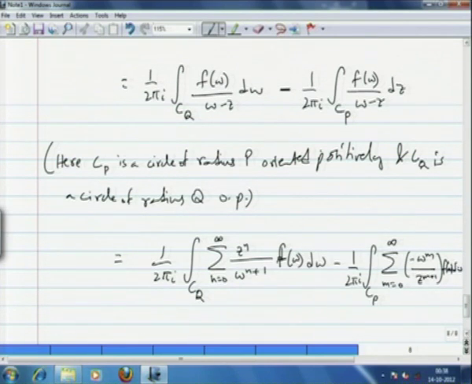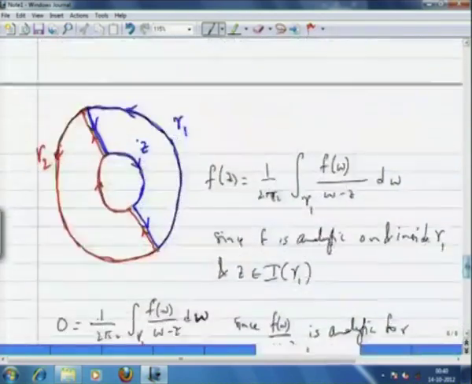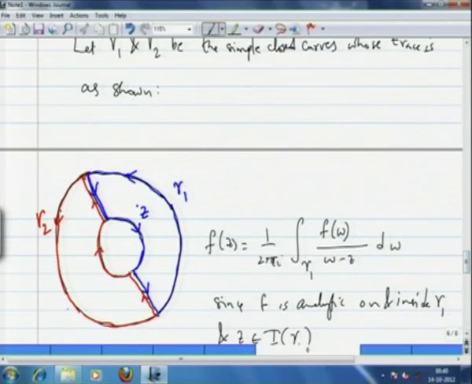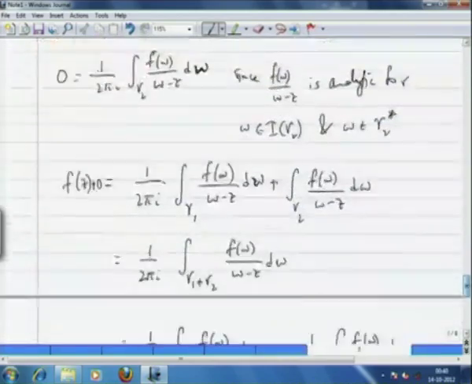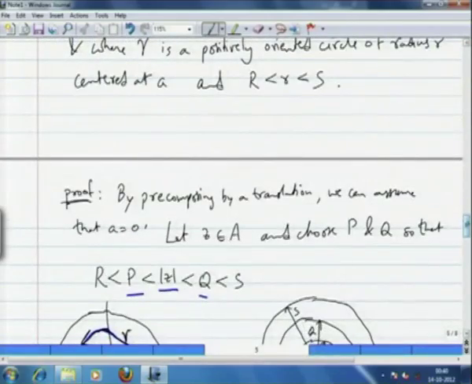I am going to explain. What I am doing here is taking 1 by w minus z, and notice that z is in between the circles of radius q and p. You can look at this inequality: modulus of z is in between p and q.